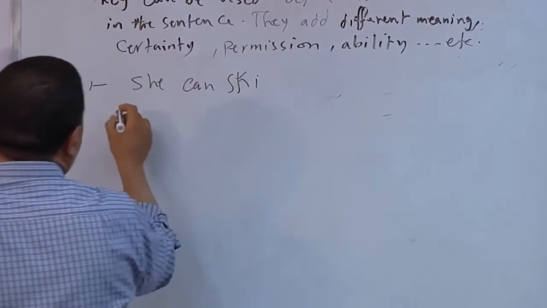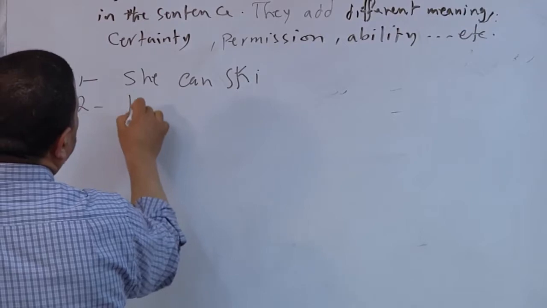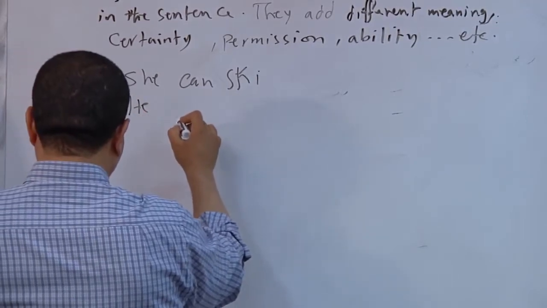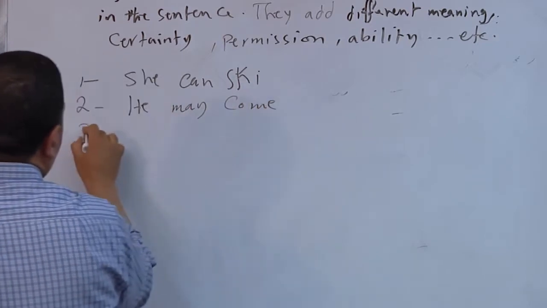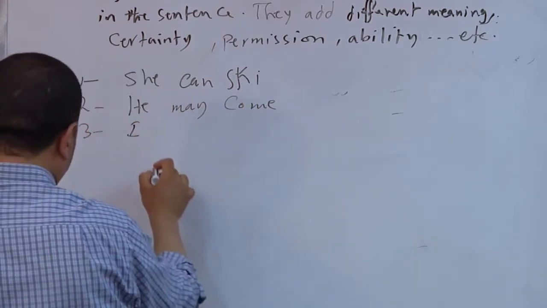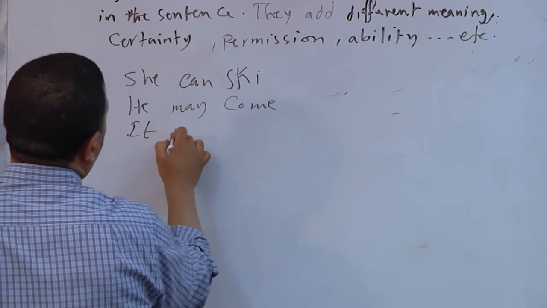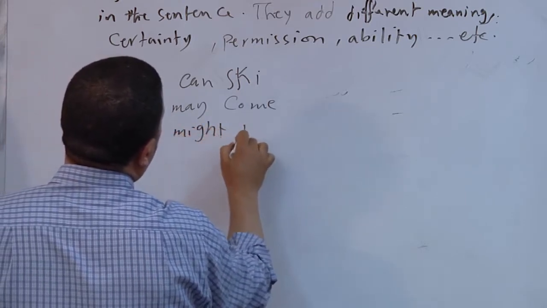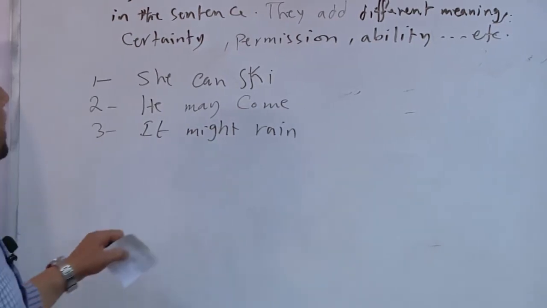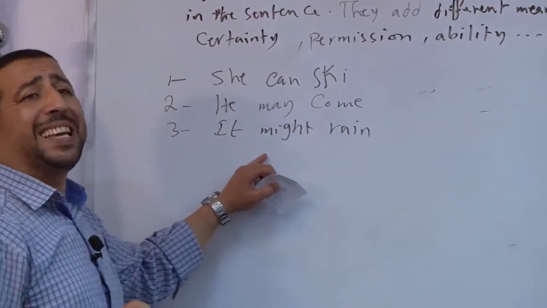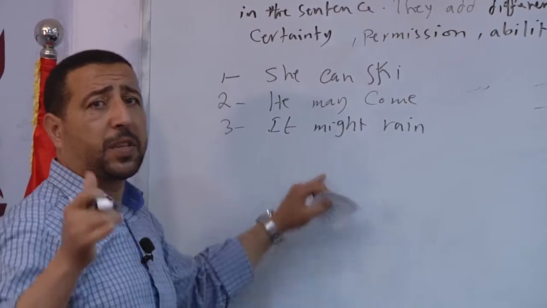He may come. It might rain. So if we have a look here, we can say that we do not use S with the third person singular.